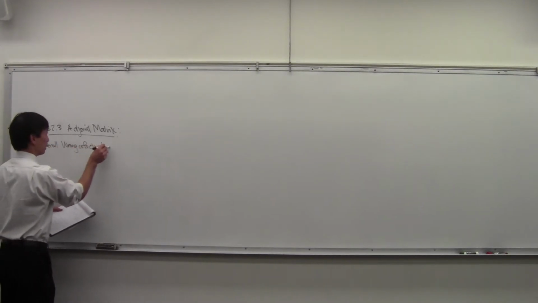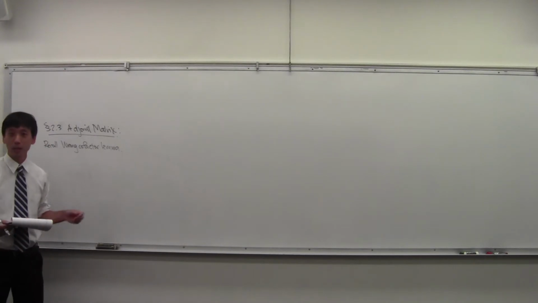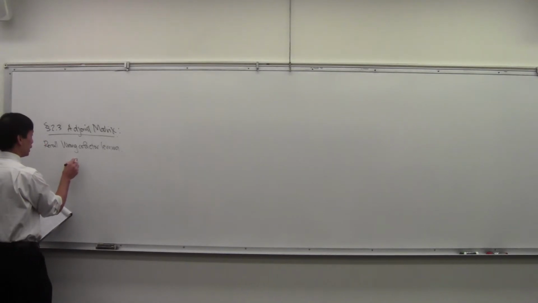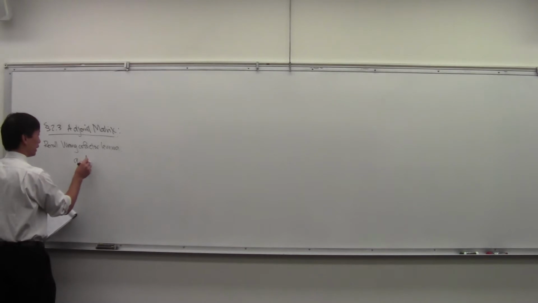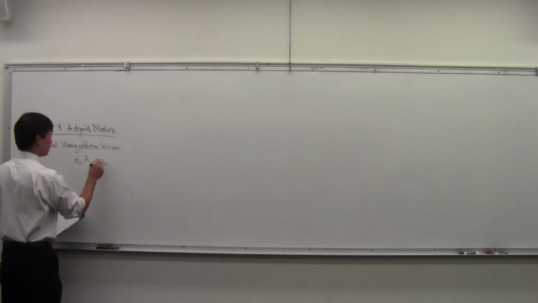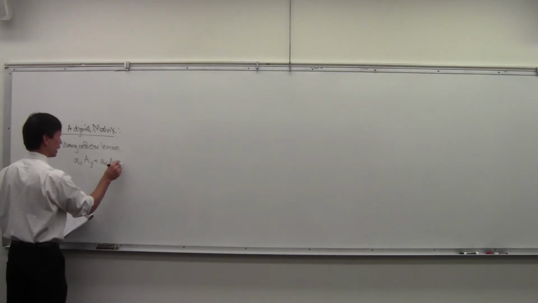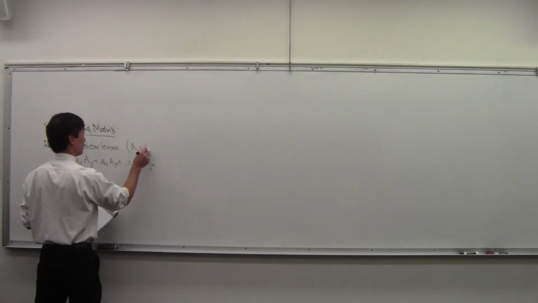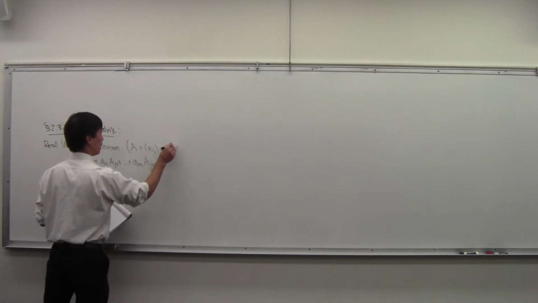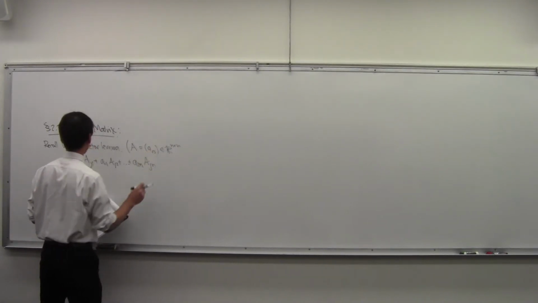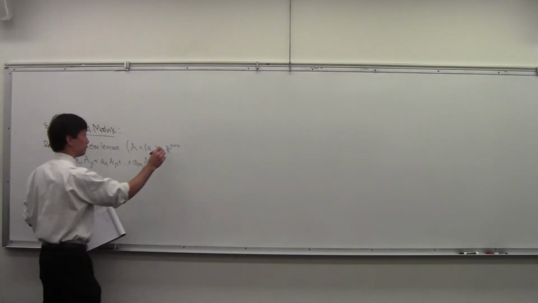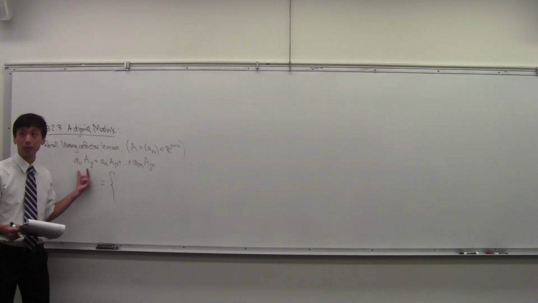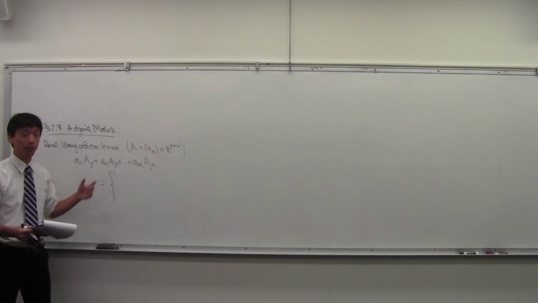Anybody remember the cofactor lemma? It says that if you take the entries from row I and the cofactors from row J, where A is some n by n matrix, then you take the dot product of the entries against the cofactors.